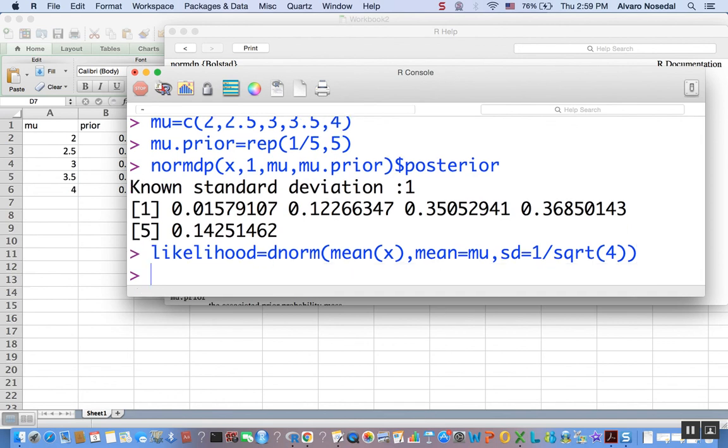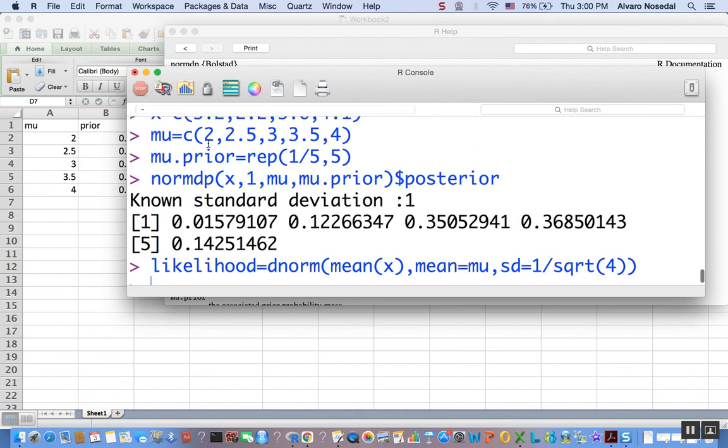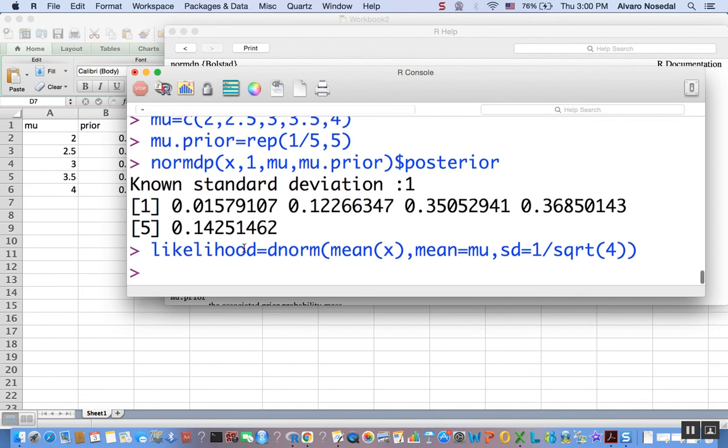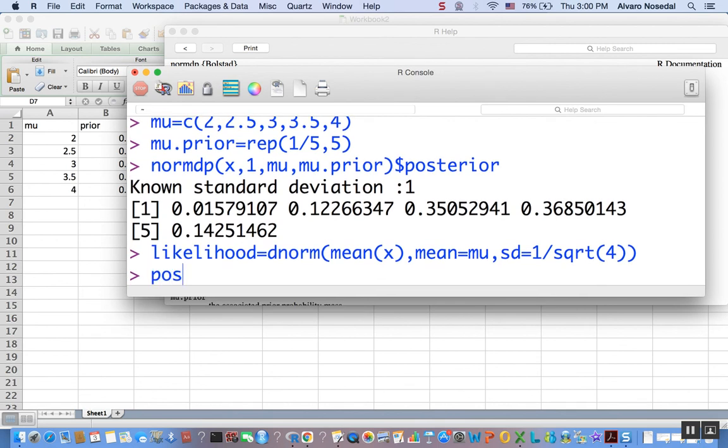Now what we need to find the posterior, just using Bayes' theorem, would be the values of mu. So the posterior would be the prior times the likelihood.